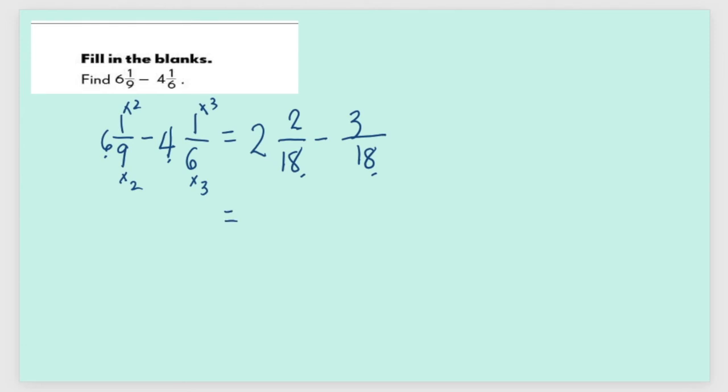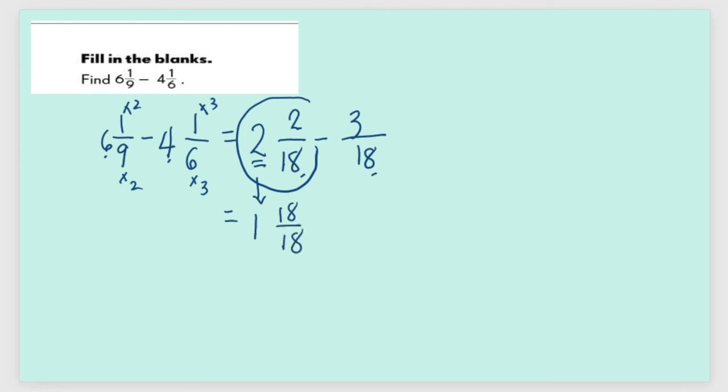Again, we cannot subtract 3 over 18 from 2 over 18. But we can subtract it from 2 and 2 over 18. So let us rename the whole number first. So 2 is actually the same as 1 and 18 over 18.